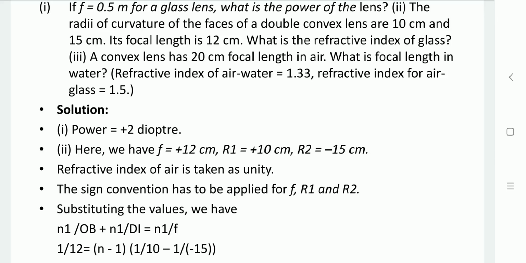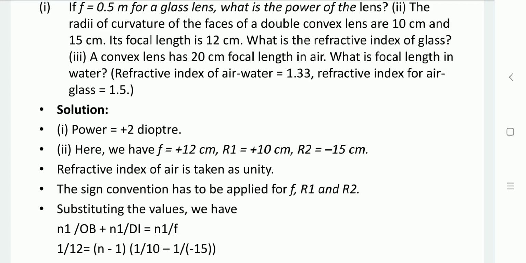Now substitute all the values in the equation N1 by OB plus N1 by DI equals N1 by F. That OB is nothing but F. So we can say N1 by F plus N1 by R1 equals N1 by F and R2.